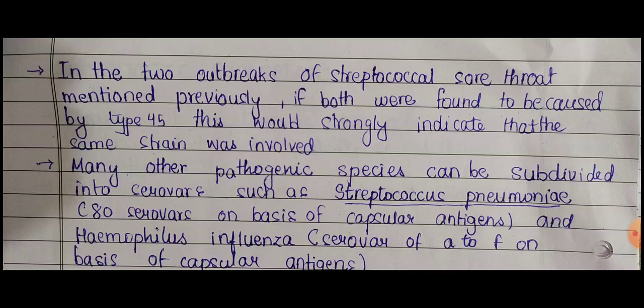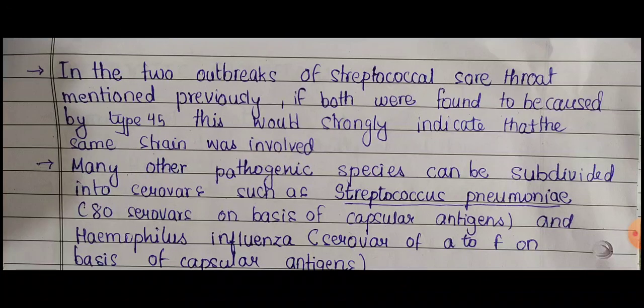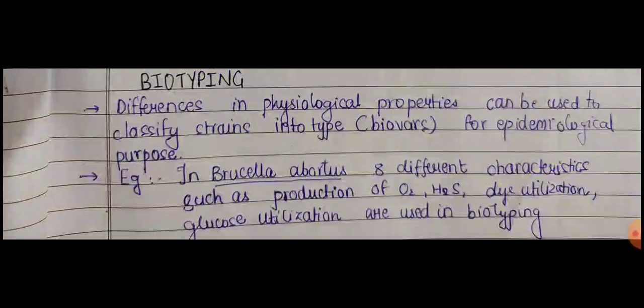Basically 80 serovars are found on the basis of capsular antigen, and in Haemophilus influenzae, serovars A to F are found. The next criterion is biotyping. Basically, in biotyping, differences in physiological properties are measured and they can be used to classify the strains into biovars.